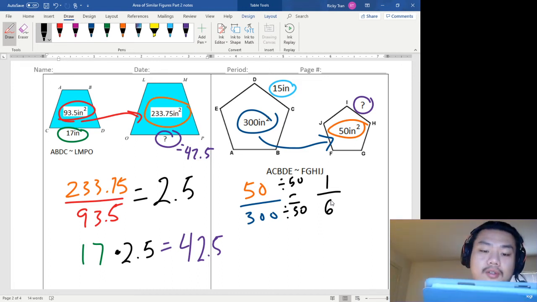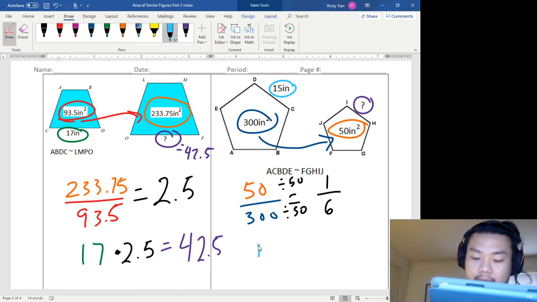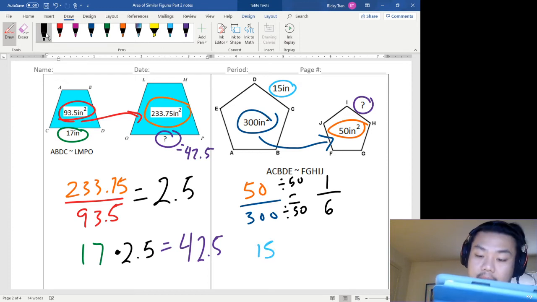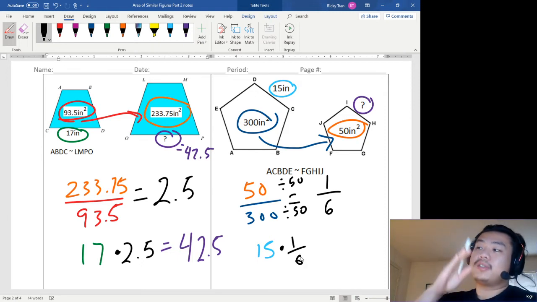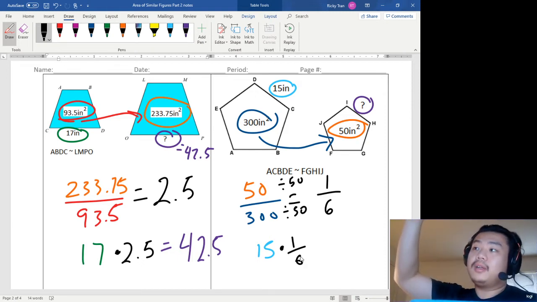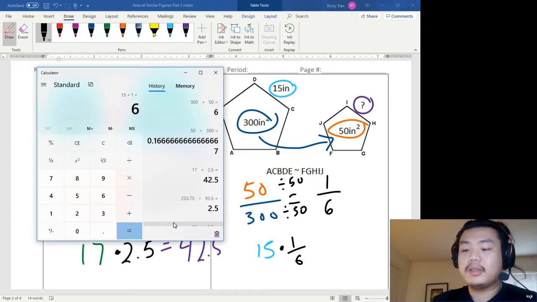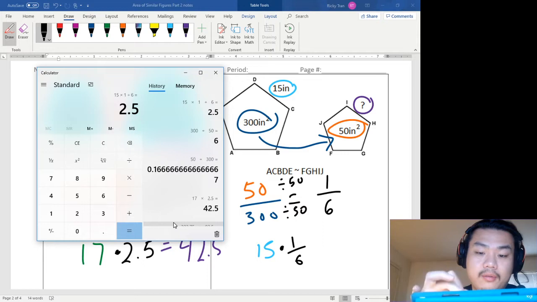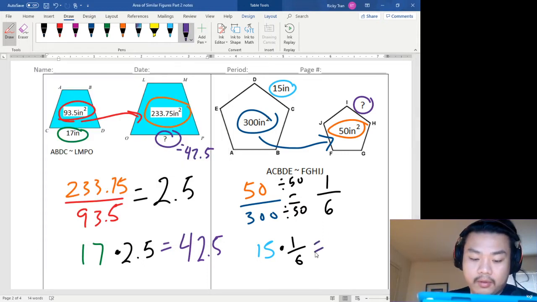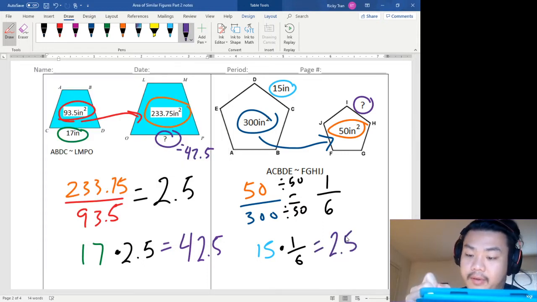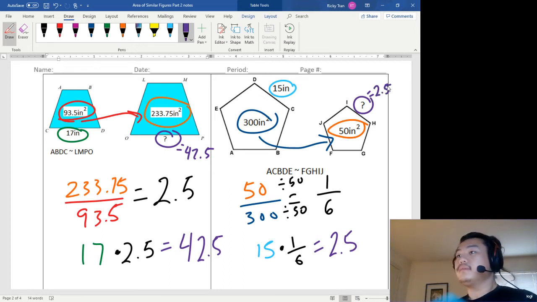So we're going to take 15 and multiply it by 1 over 6. To do that, remember you're just taking 15 multiplying by 1, dividing by 6. So 15 multiplied by 1 divided by 6 is 2.5. So your value here is 2.5.